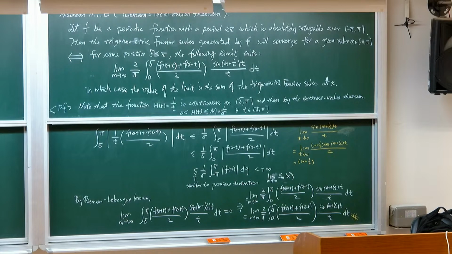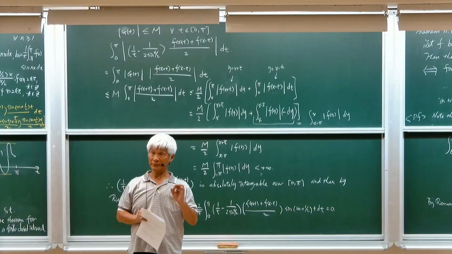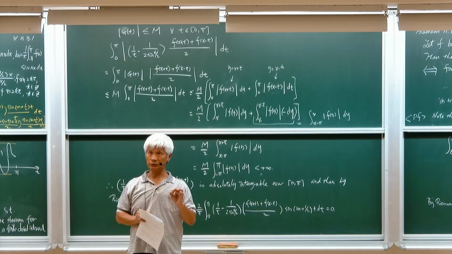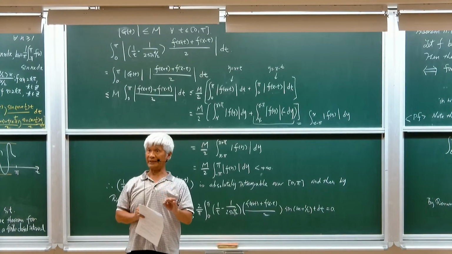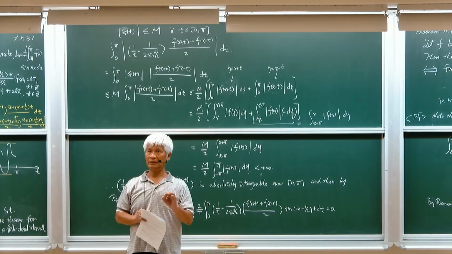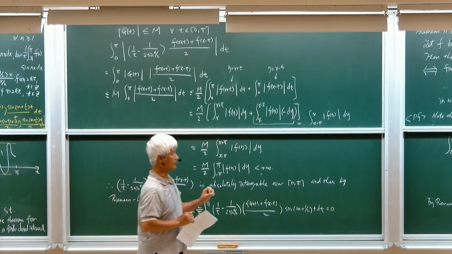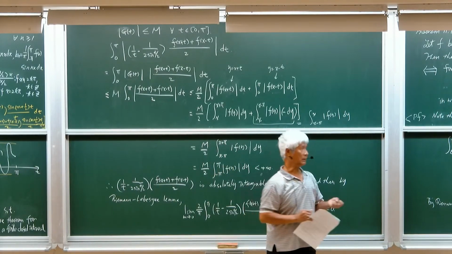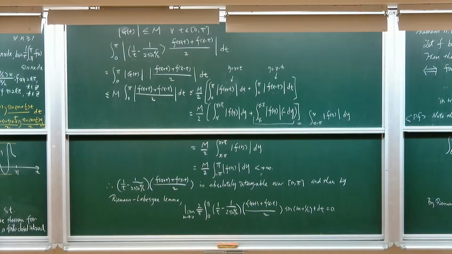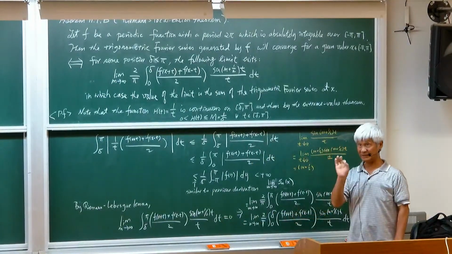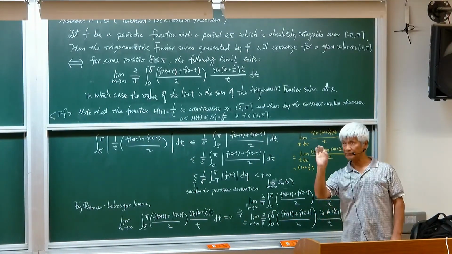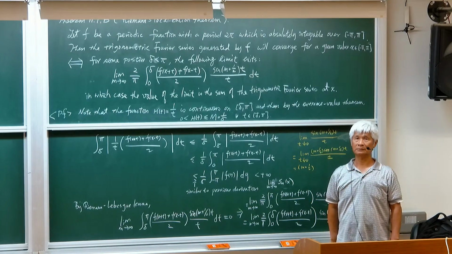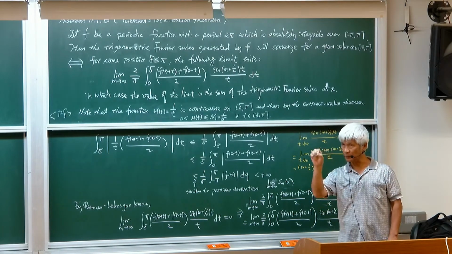At this moment, you can see the special property of the trigonometric Fourier theory generated by the periodic function f. Its convergence problem can be answered by the local property of the periodic function f itself at every point x.